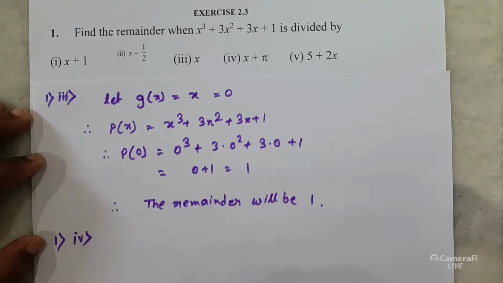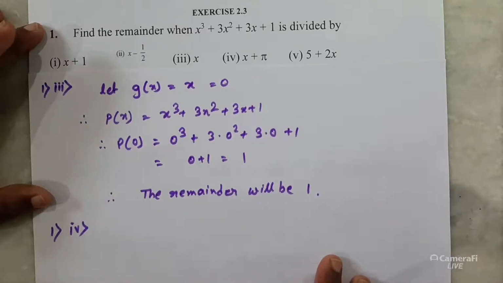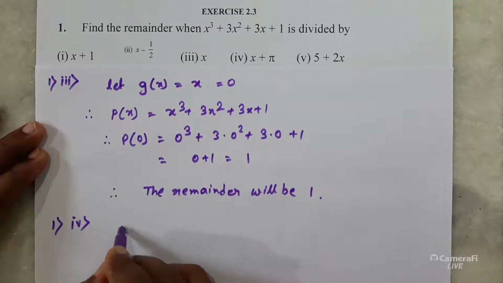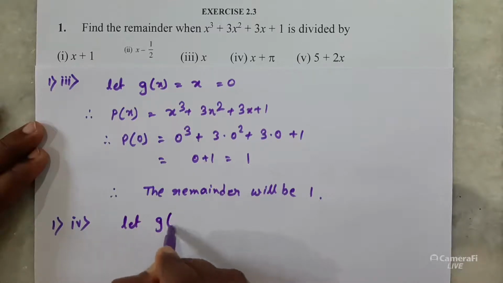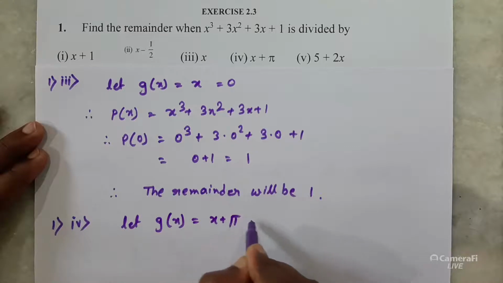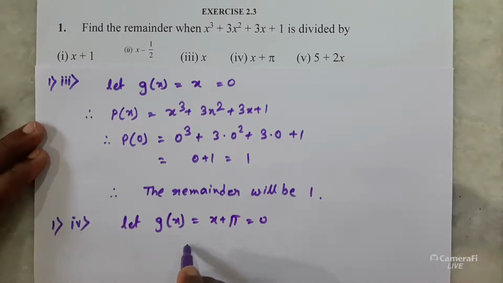Next is part 4. When x cube plus 3x square plus 3x plus 1 is divided by x plus pi. So let g of x equals x plus pi equals 0, or x equals minus pi.